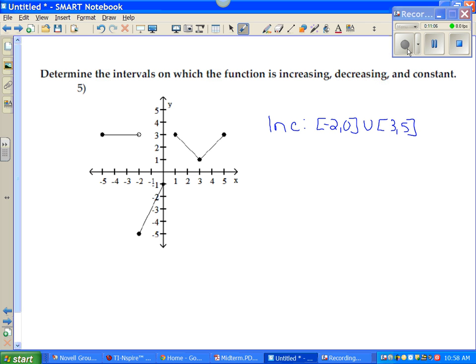Nice job. Remember, you're always using x values, right? Not your y's. Decreasing. Good. Constant. Negative 2. Okay. We okay with those ones, guys? Those aren't bad, right?